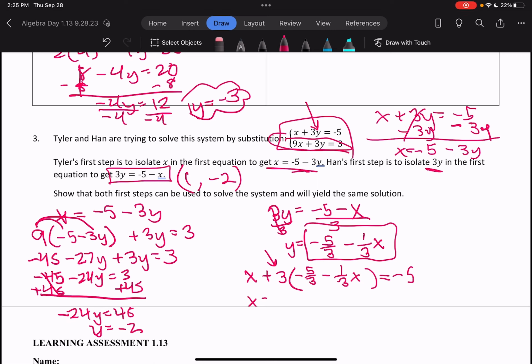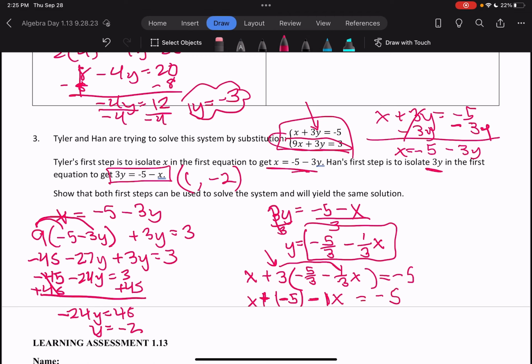So we get x plus 3 times negative 5 is negative 15, and then negative 15 divided by 3 is very simply negative 5. I'm going to put it in parentheses so it doesn't get mixed up with that plus. And then 3 times negative 1/3. Again, we're going to have a negative here. 3 times 1 is 3, divided by 3 is 1. So minus 1x, or just minus x, equals negative 5.